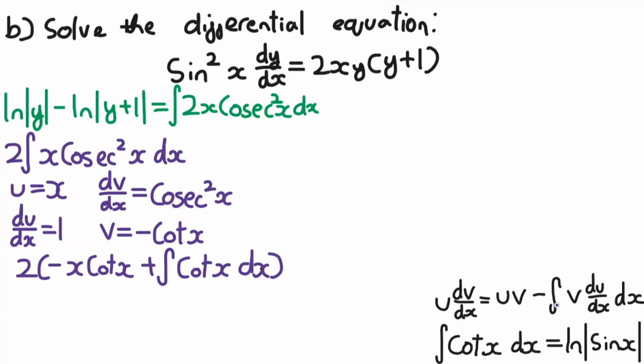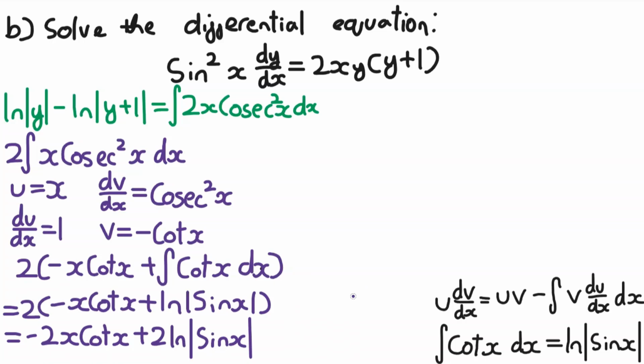So it's minus the integral of minus cot x, so therefore these minuses can cancel out and it can be plus the integral of cot x like this here. And then we simplify this because the integral of cot x is given to you in the formula booklet. It's equal to the natural log of the modulus of sin x, and then we can expand this bracket here with this 2 at the front, so it becomes minus 2x cot x plus 2 times the natural log of the modulus of sin x like this here.